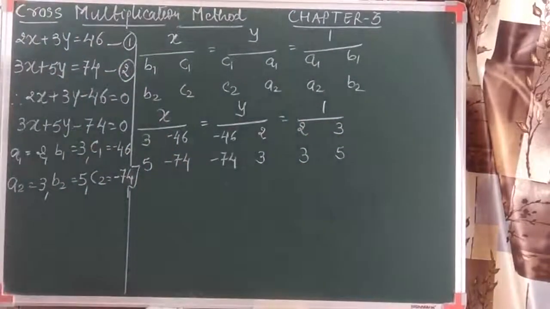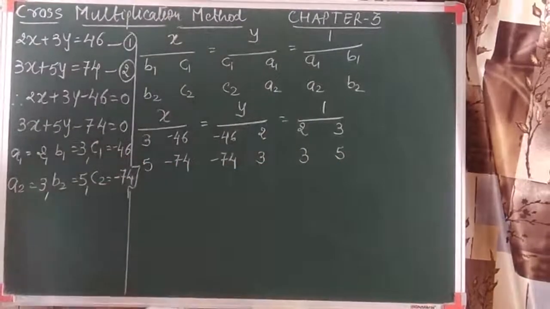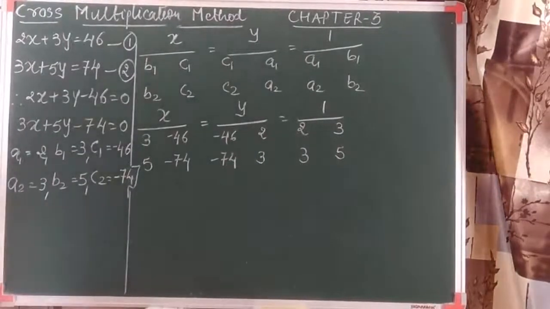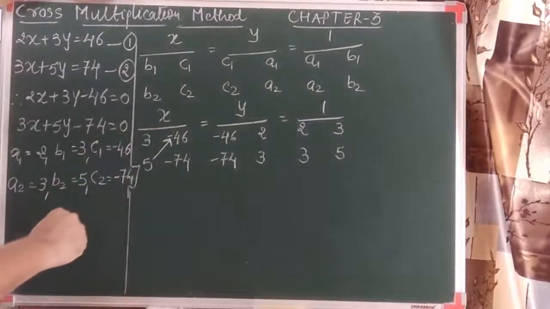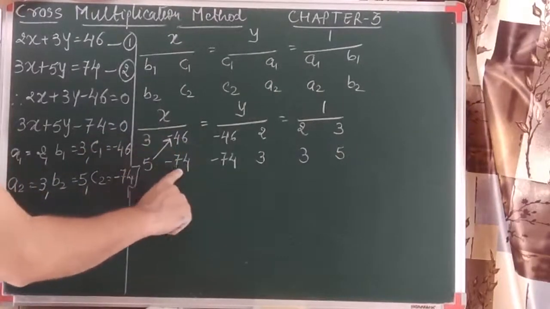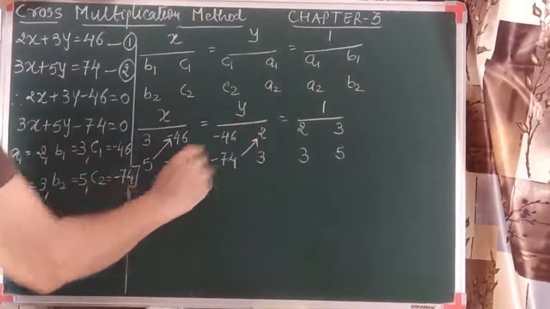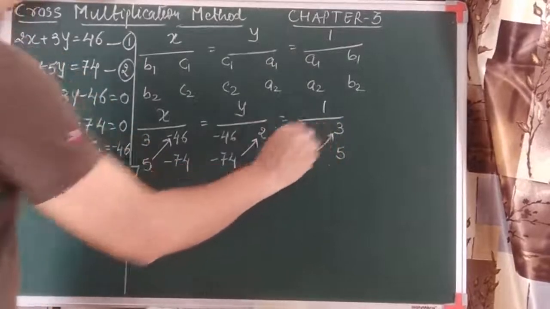Now we'll discuss the method name. We'll do the cross multiplication of all the terms. How we do the cross multiplication is very important. I'll do the cross multiplication in this manner: first I multiply this term here, then I multiply this term here. Whatever order you follow for the first denominator, the same you have to follow for the second and the third.